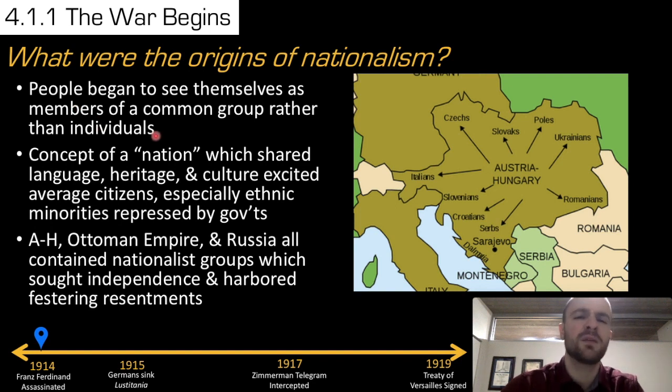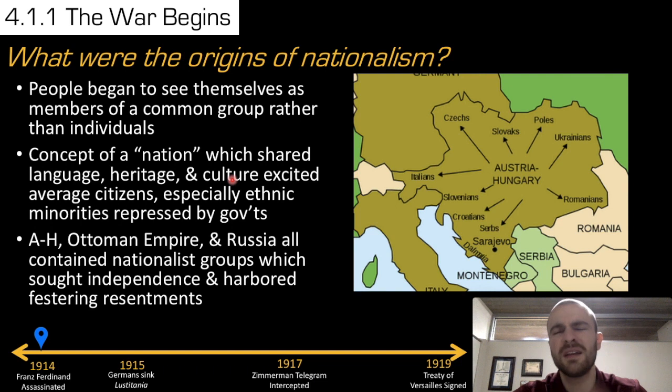And so, usually you have individuals start to associate with people that have similar language, similar heritage, similar culture, and this excites people of an ethnic group into believing that they should have their own independent country.